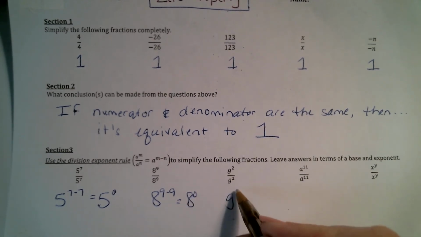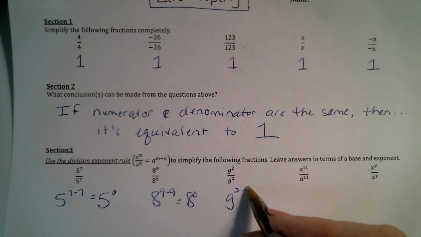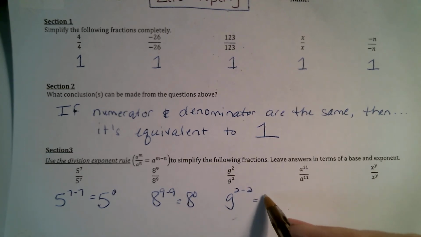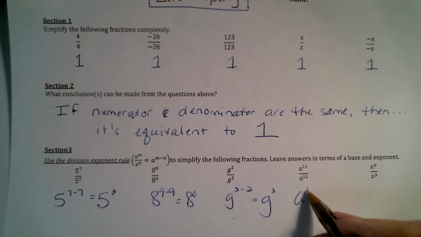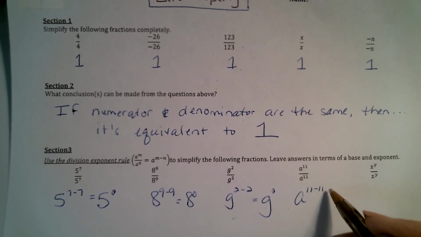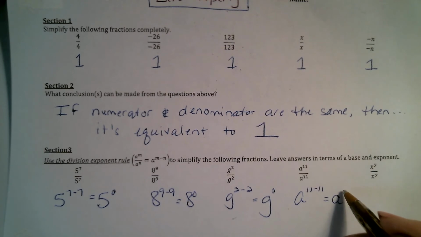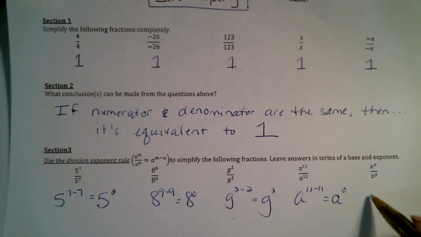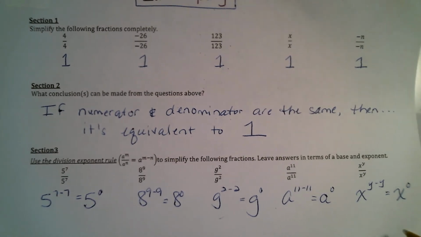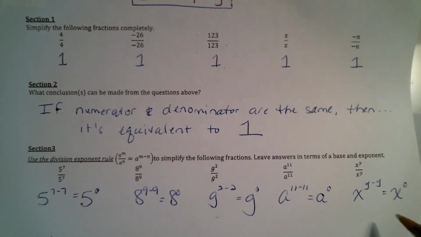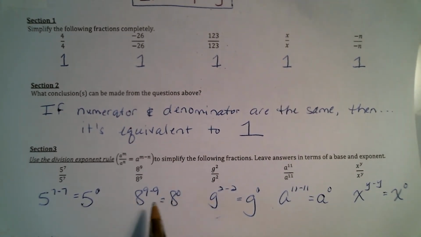Numerator is 2, denominator is 2. See what we're getting at here? We subtract the exponents here. And so our rule for when we are doing quotients, division, is we subtract the exponents. Now, all of these then wind up being to the 0 power.